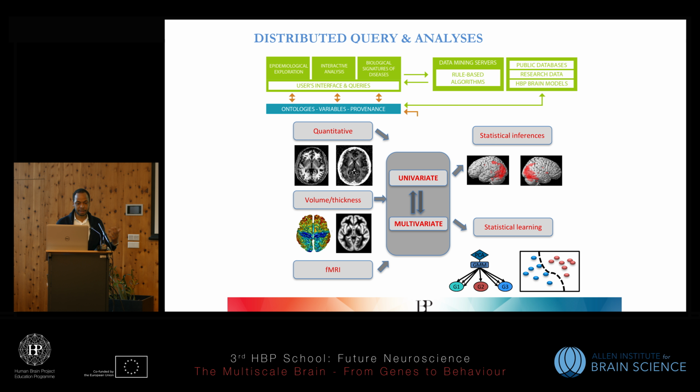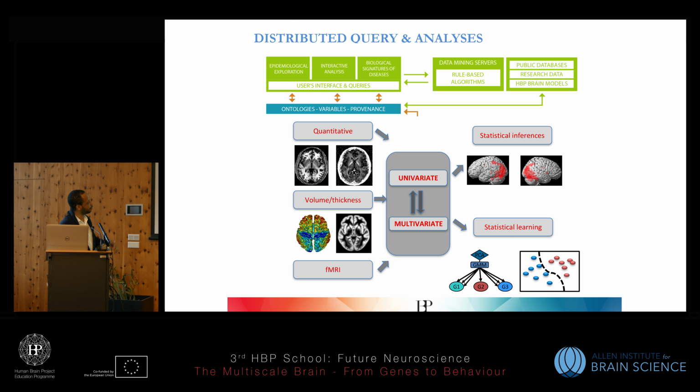The type of methods that we implement, as I say, is quantitative measurement, where you extract measures from the brain anatomy using computational anatomy tools, and we'll see in the tutorial how we can do this.